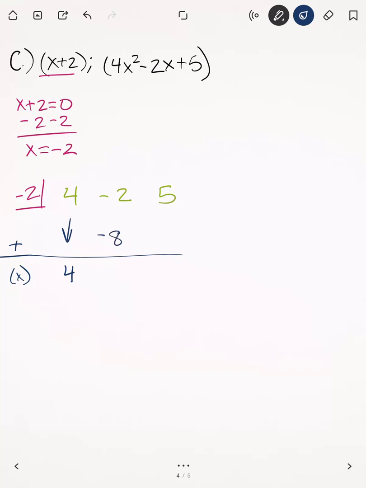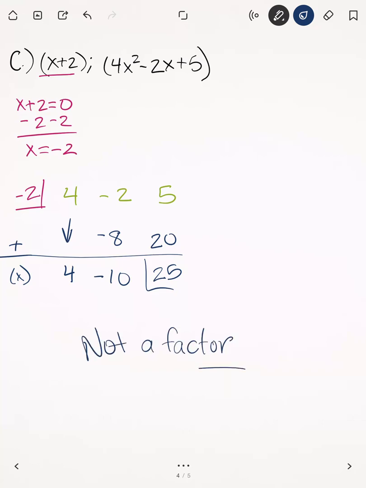I add -2 plus -8. I get a -10. -2 times a -10 is a +20. I add 5 plus 20. I get 25. So this is not a factor because it is not equal to 0.